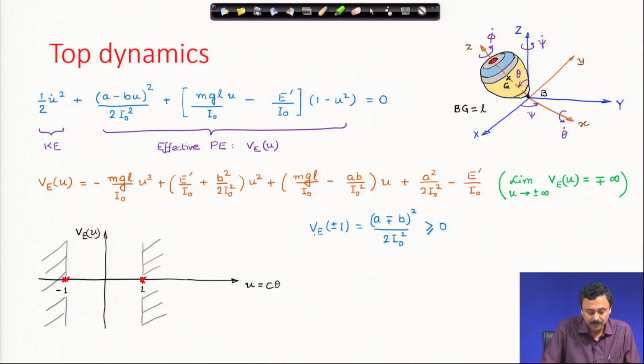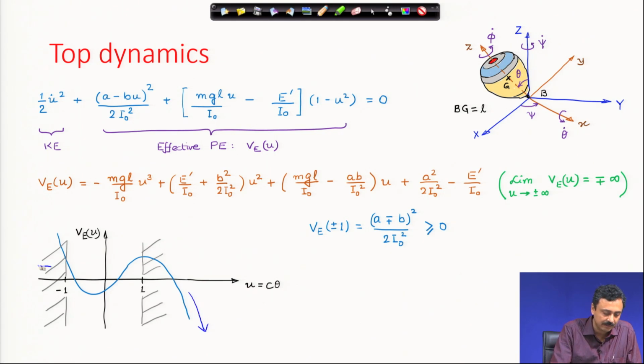Minus comes for u equals plus 1 and A plus B comes at u equals minus 1, and this is positive or 0. In other words, you can think of the curve something like this. It goes to minus infinity as u goes to plus infinity, and when u goes to minus infinity, this potential goes to plus infinity, and at these 2 points plus 1 and minus 1, these are positive.